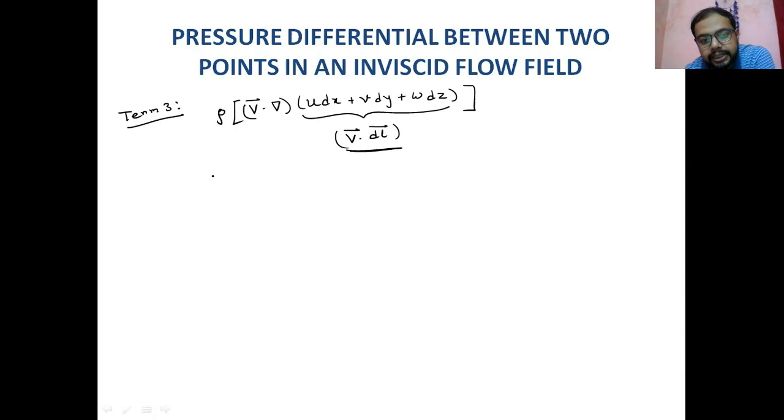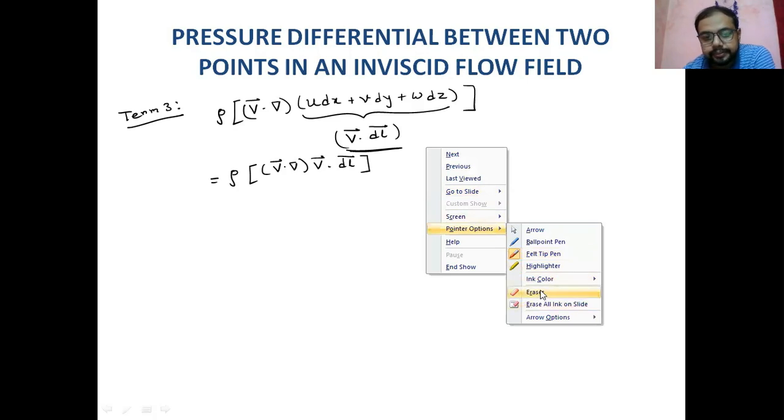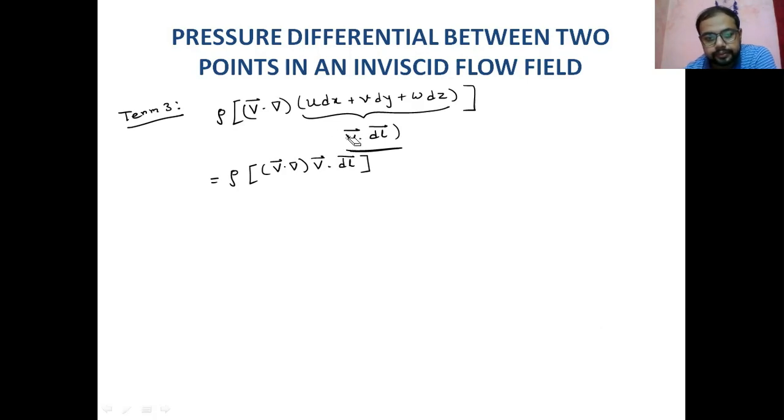So we can rewrite this equation: rho, v dot del, v dot dl. Rewrite this part.